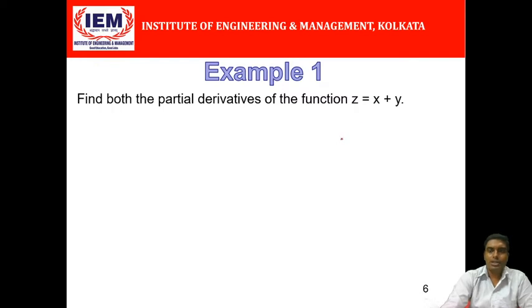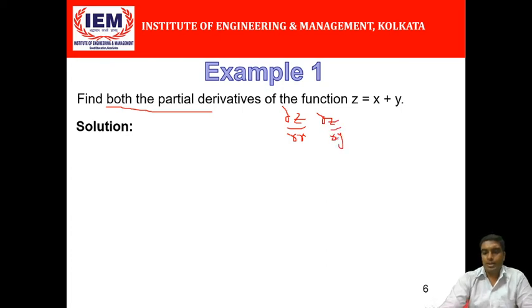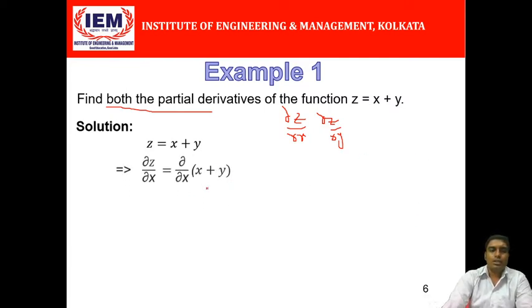Suppose we have this function z equal to x plus y, and I want to find both the partial derivatives. I have to find del z del x and del z del y. First, del z by del x of x plus y.